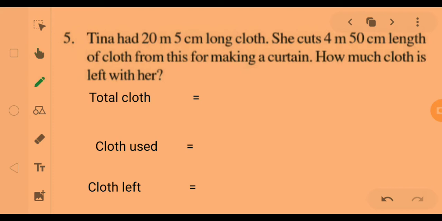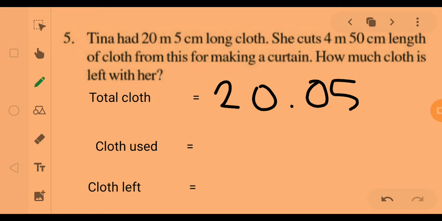Okay, so let us write the total cloth. Total cloth is 20 meter 5 centimeter. So how do we write that? We write it as 20.05 in terms of meter. Next, how much did she cut for making the curtain? 4 meter 50 centimeter.